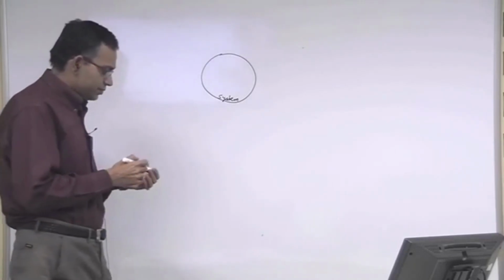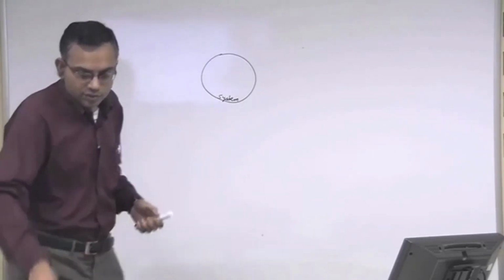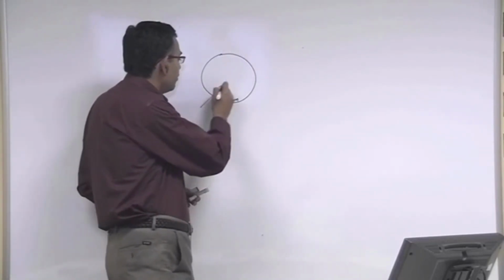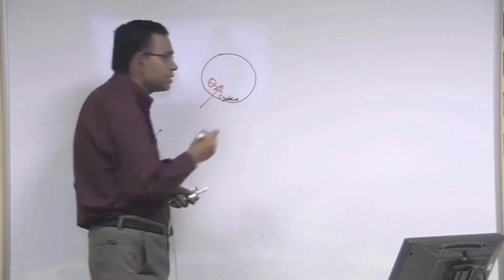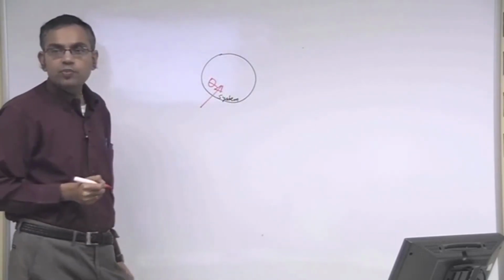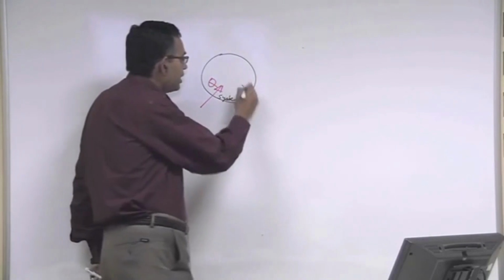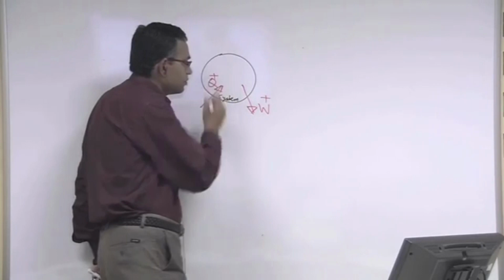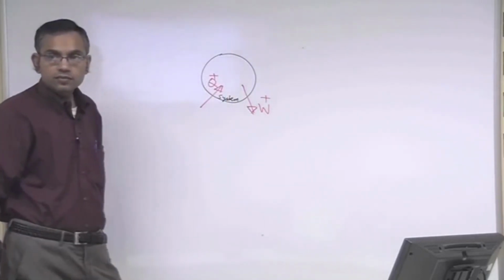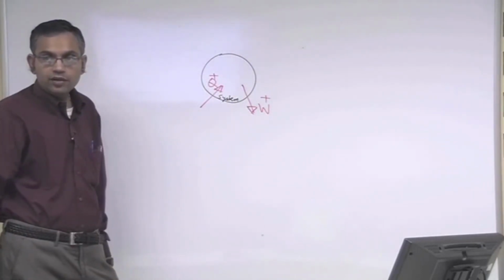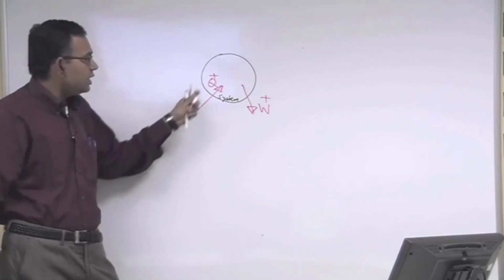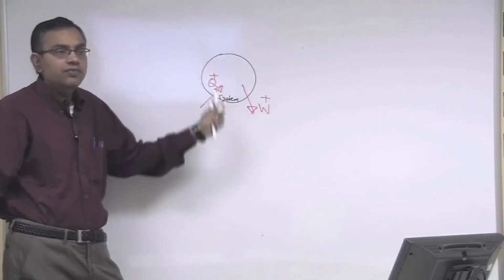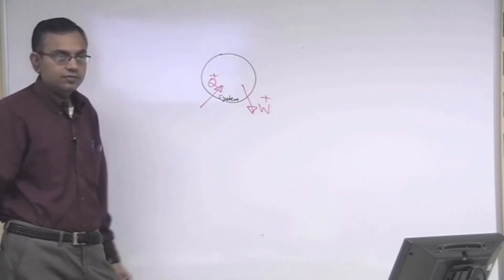So, for that we have the positive sign convention that we commonly follow: heat transfer to the system is considered to be positive, and work done by the system is considered to be positive. Okay. So, energy entering the system in the form of heat is positive, and energy leaving the system in the form of work is positive work.